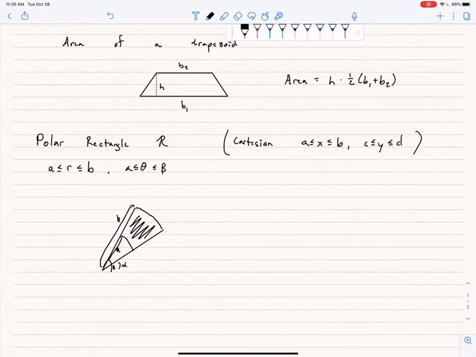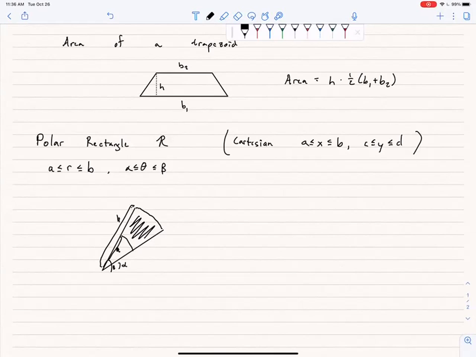So what I want to do here is estimate the area of these polar rectangles, which will be a good estimate when these are very small polar rectangles. So what's a good estimate of the area here? Let me say what I mean.